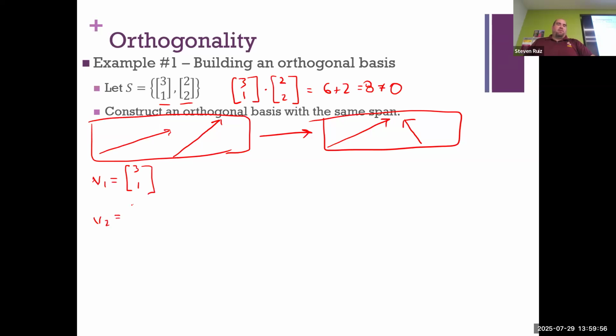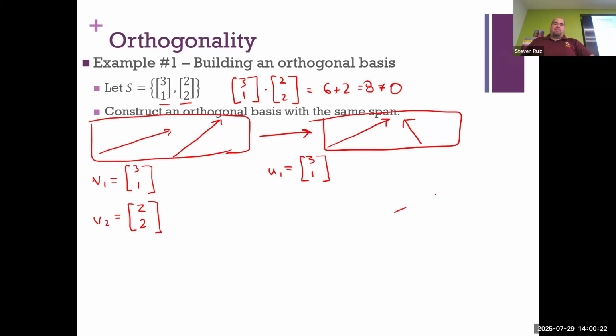V2 is equal to (2, 2). This is my old basis. In my new basis, I'm just going to keep (3, 1). U2 is going to have to be different, though, because I want them to be orthogonal. I can start wherever I want, though.